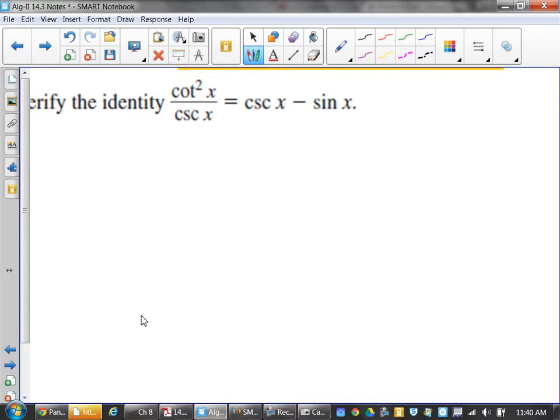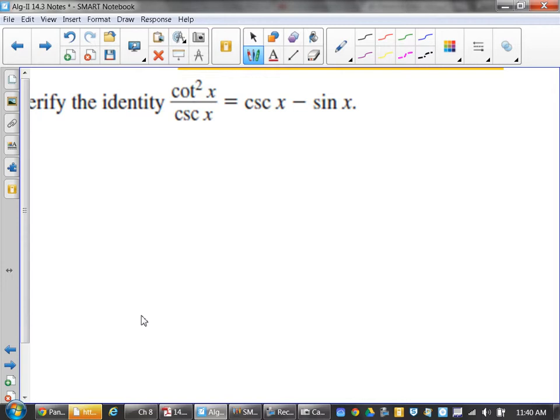One of the tips and tricks you'll start to pick up on is that the first thing you have is a fraction, but your answer is written with a subtraction sign. So you go from a single term to two. That usually means you needed to use a Pythagorean identity, because within Pythagorean identities you can get subtraction. You can get ones.